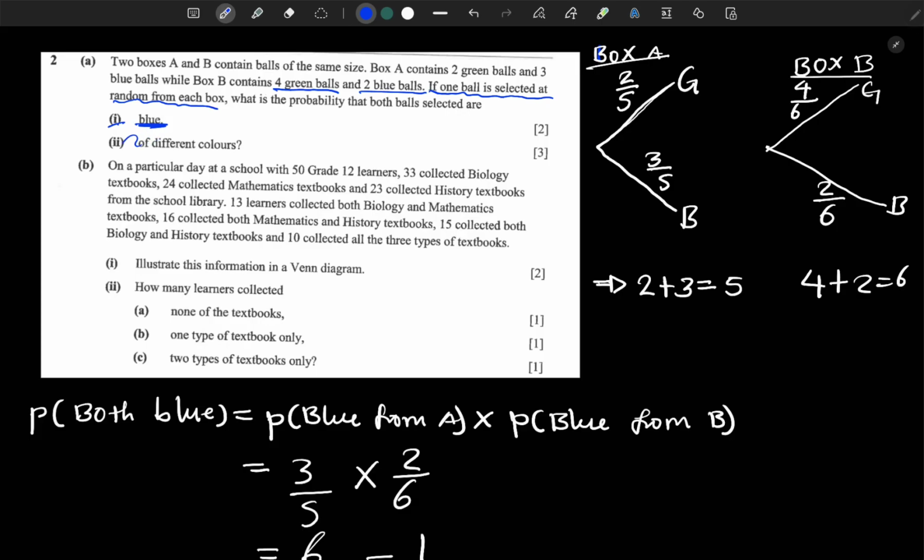Then for question Roman number 2, we just want balls of different colors. Now how do you deal with such a problem?